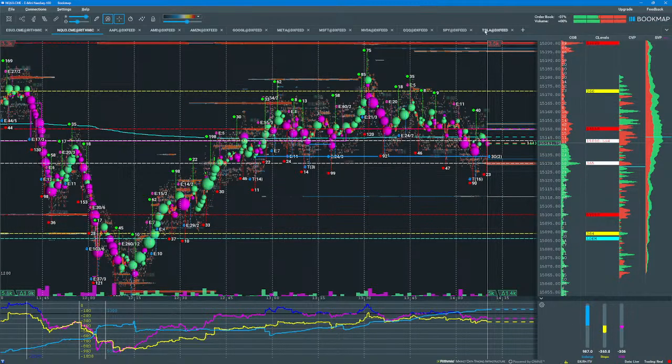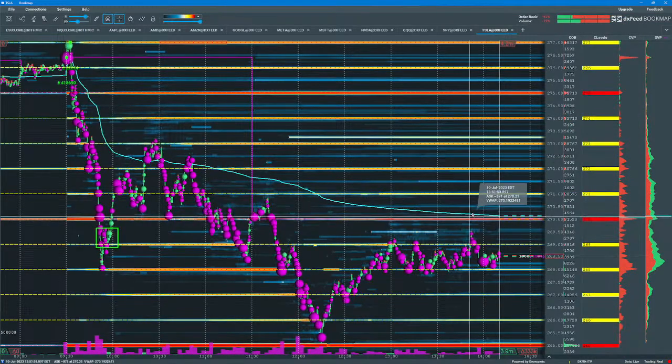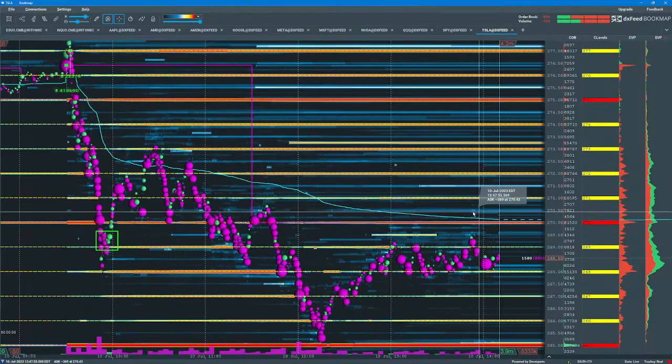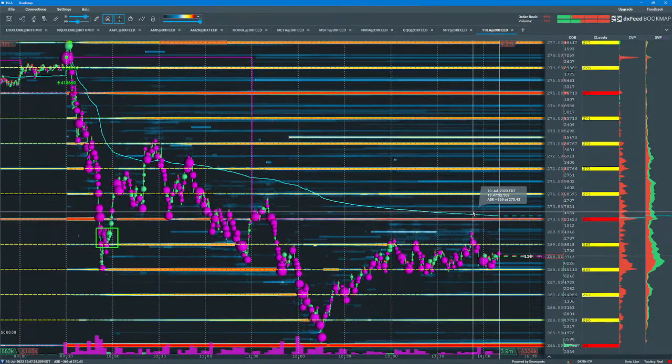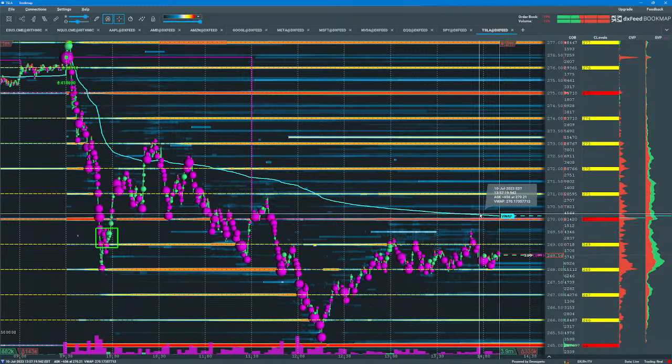So the first stock that I want to take a look at is Tesla. And this setup was good for a scalp, but not in the overall direction. But let's see where that came from.